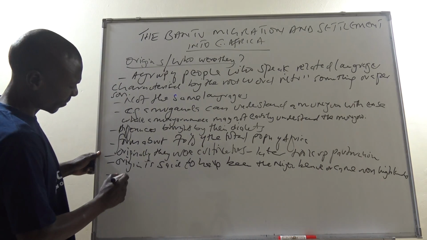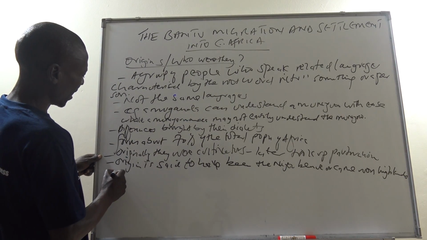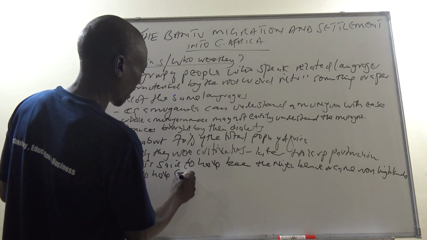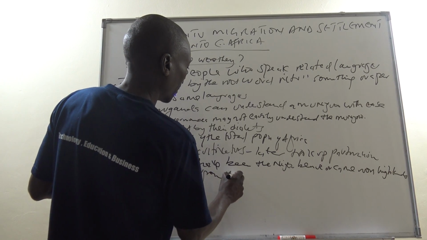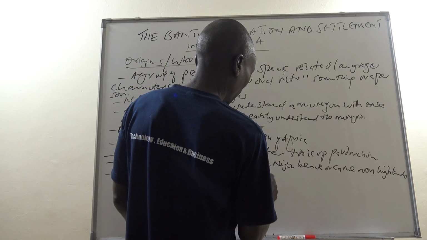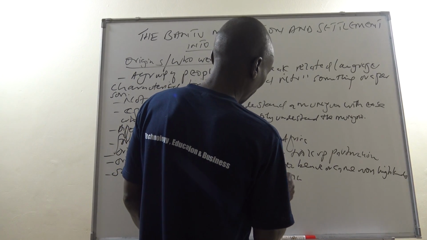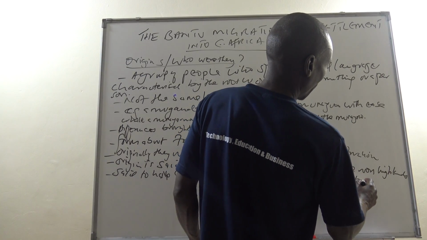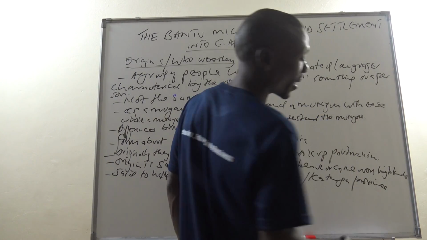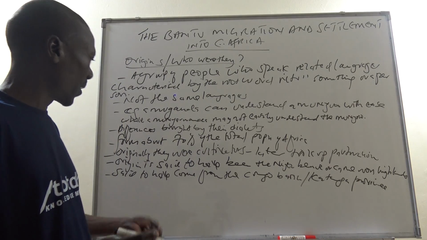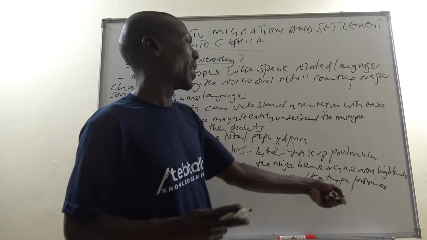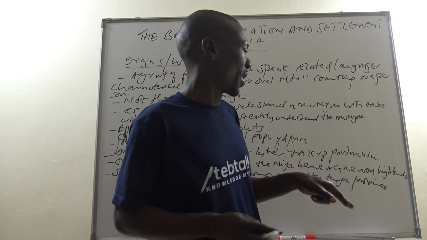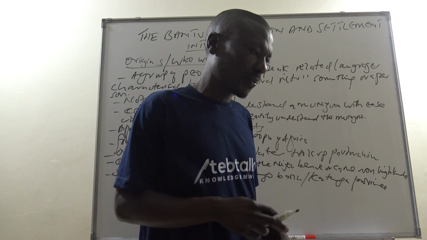Another theory is that they are said to have come from the Congo Basin, specifically the Katanga province. So these are the two theories. The first theory talks about them having come from the Cameroon Highlands, and the second one talks about them being from the Congo Basin, or specifically the Katanga province.